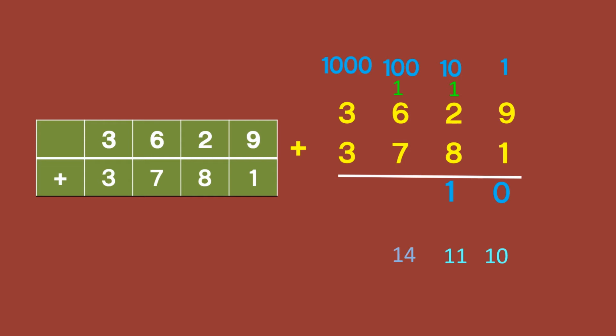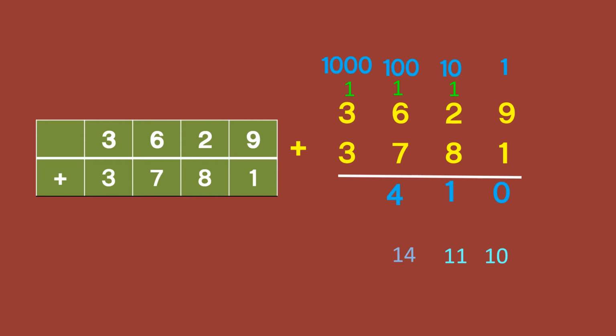Once again, I have got one bundle of 10 in 14. Therefore, I'm going to give that bundle to thousands place. So, only 4 remains under hundreds place. I'm giving a bundle of 10 from hundreds place to thousands place and it becomes only 1 in thousands place. So, we'll add the digits under thousands place now.